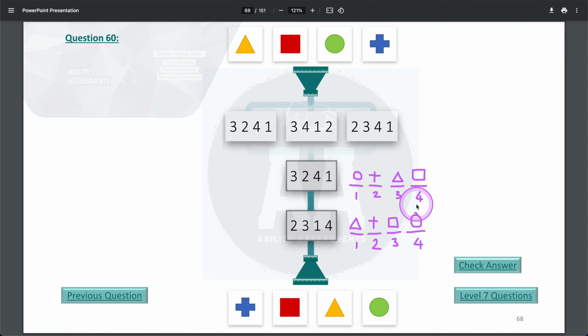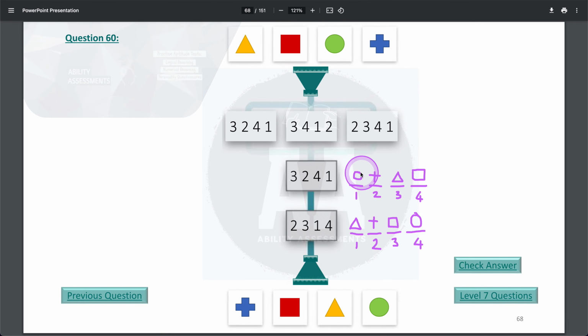So now we have this set of shapes and this set of shapes, and we need to determine which one of these is the right solution. The best way to go about doing that is to just compare this set of shapes with this set of shapes, as we've done previously.